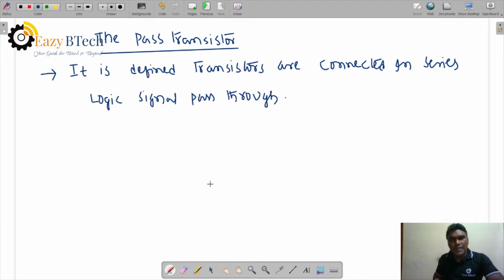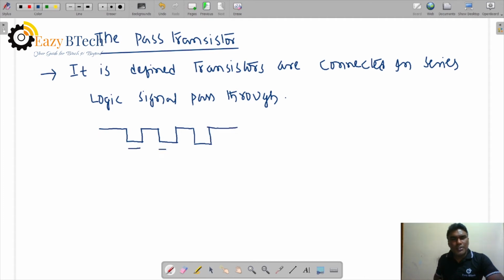So let us see this one. A series connected NMOS transistors. It is like a switch.